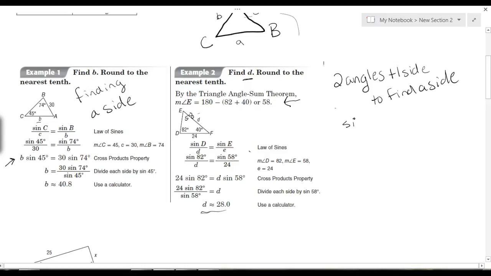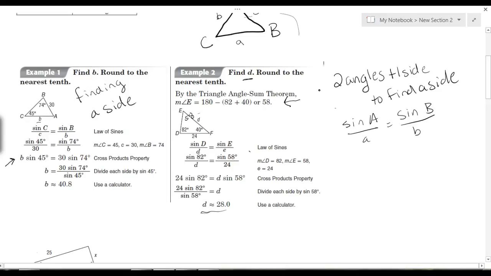So we have sine of A over A equals, we're just going to use part of our formula here, sine of B over B. So here we've had two angles and one side to get a third side. But we could also have two sides and one angle to get a third side.